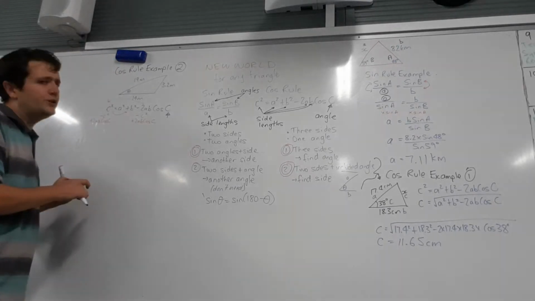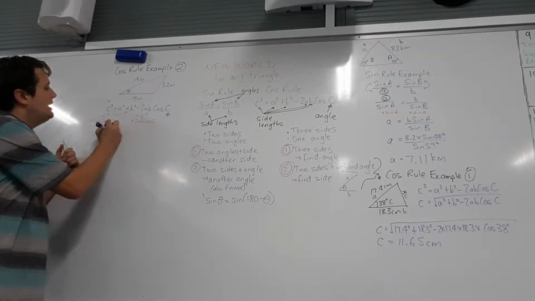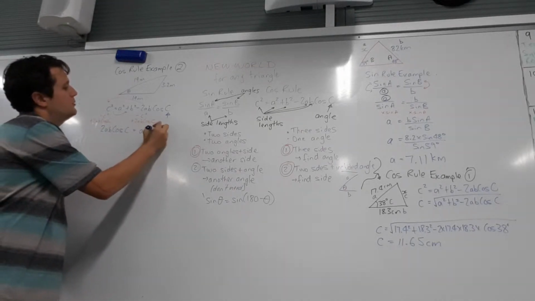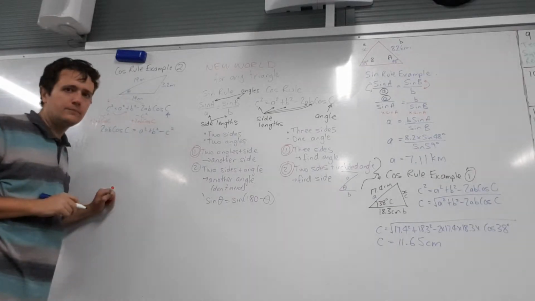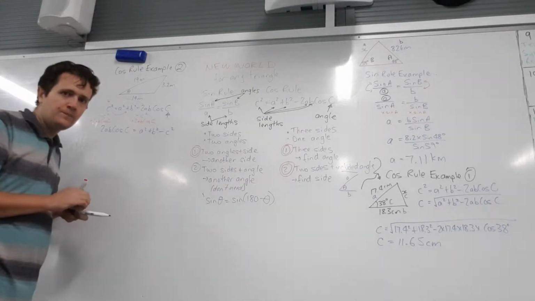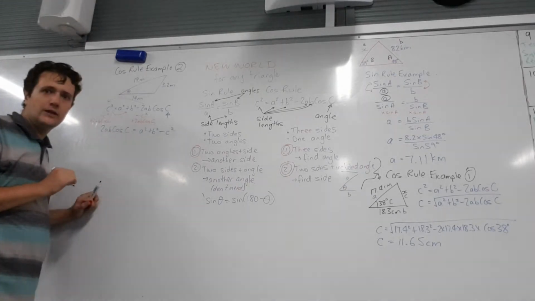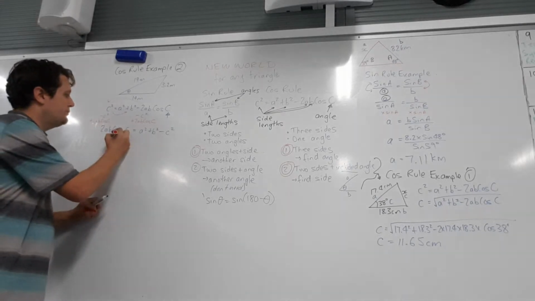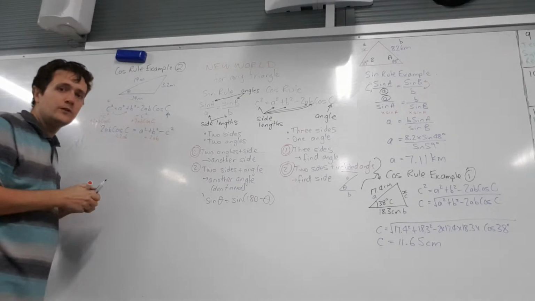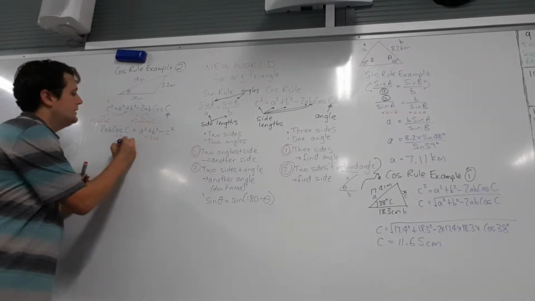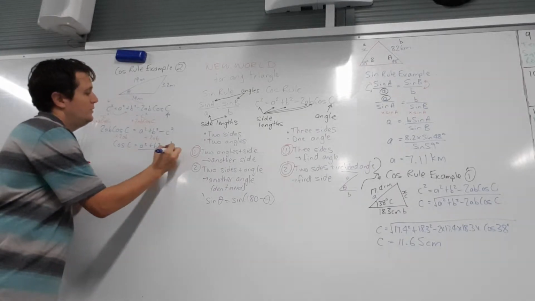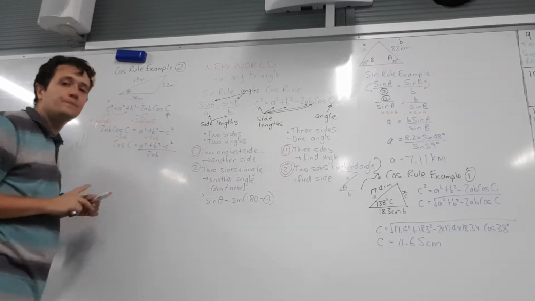So what that gives me is 2AB cos C equals A squared plus B squared take C squared. From there, it's 2AB times cos C. So the opposite of multiplying by 2AB is, of course, dividing by 2AB. So if I divide both sides by 2AB, I'll get cos C is equal to A squared plus B squared take C squared all over 2AB.